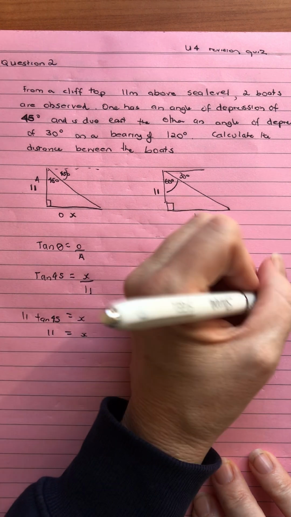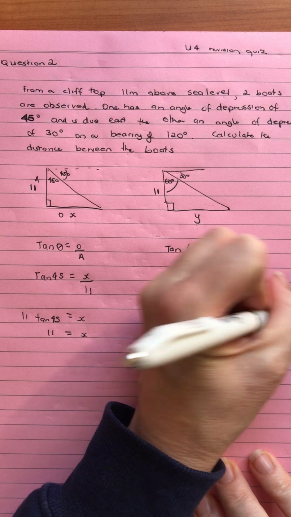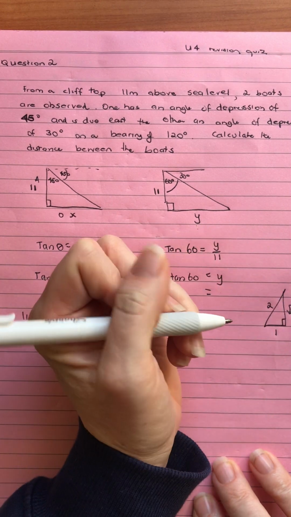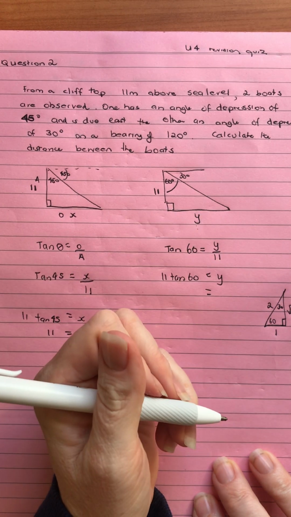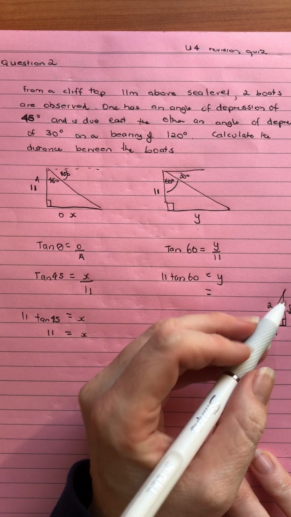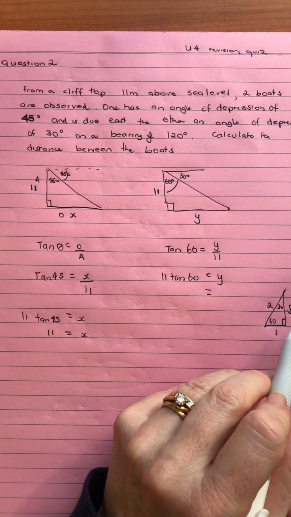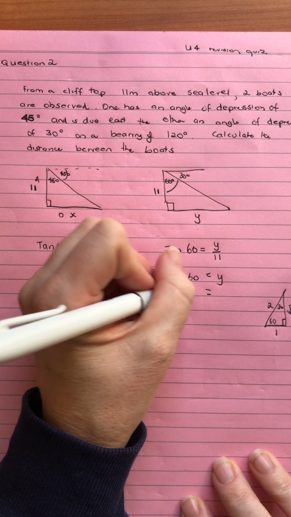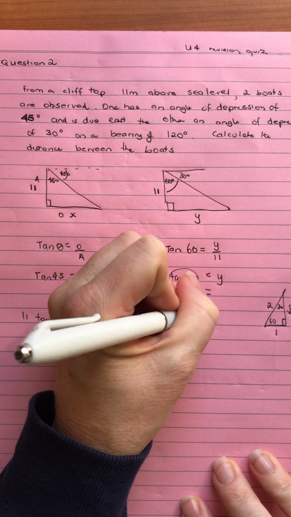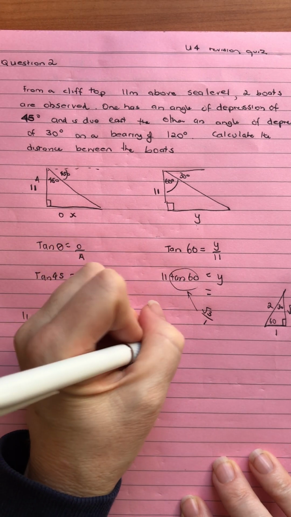We would have our 1, root 3 and 2, and for the 60 30 triangle, tan 60 would be root 3 over 1, so that would give us 11 root 3.